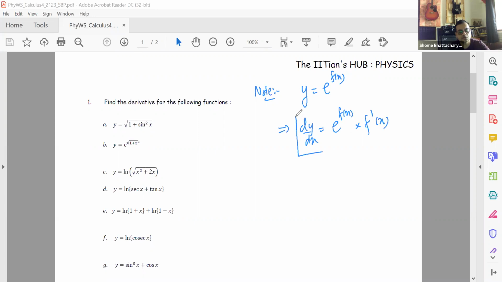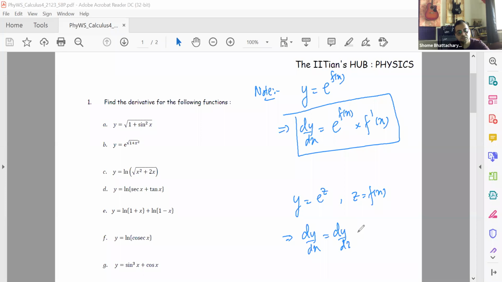Okay. So how do we get this general formula? Because we know that we can substitute and write this as. Okay. So by using chain rule, we can skip this first step that I'm writing below here. We can write this step directly as this.